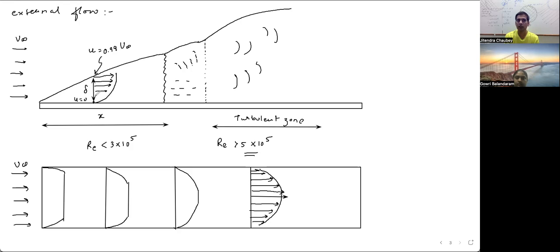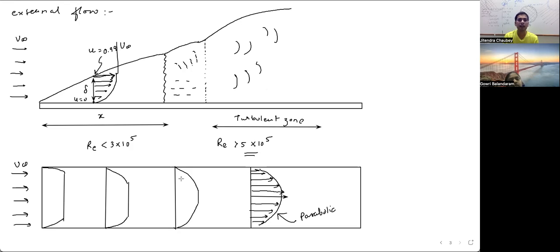So this is how the velocity profile would look over the pipe, and it will go straight beyond this, because here the velocity is equal to the free stream. Beyond this, every particle will have free stream velocity. In this case, this is again parabolic.